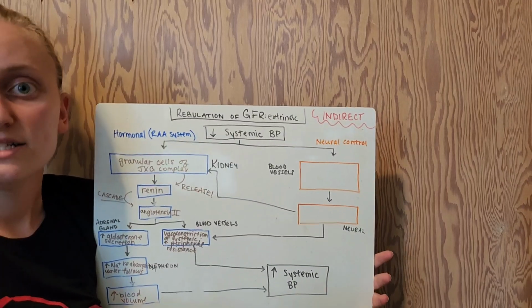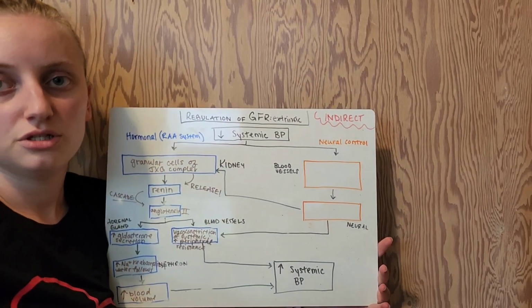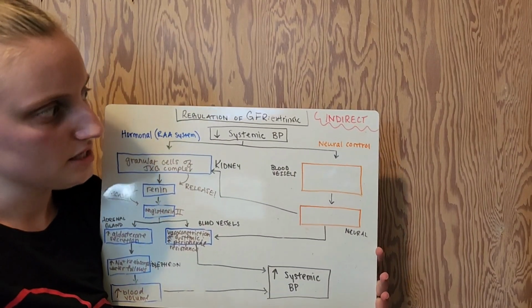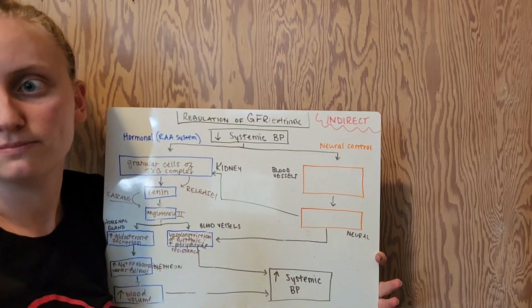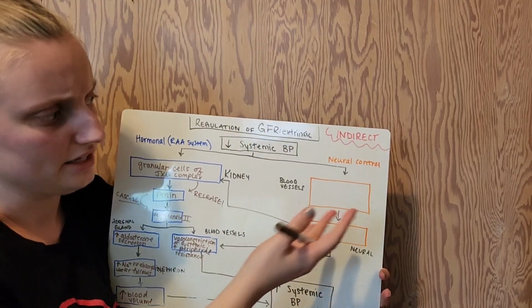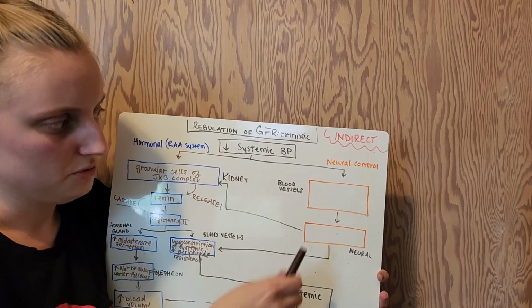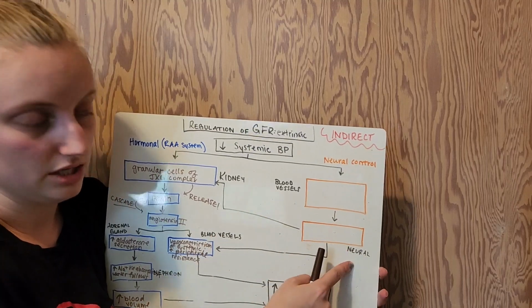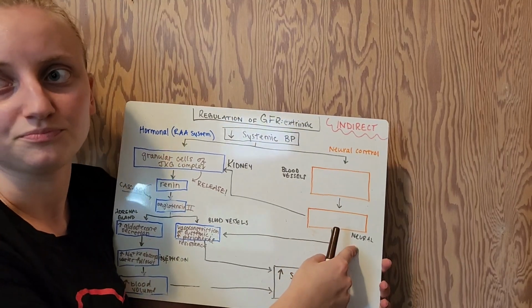Okay, our last mechanism of regulation of GFR is our neural control. And as you can see, it's kind of shorter, and we have two steps, our blood vessels and our nervous system.